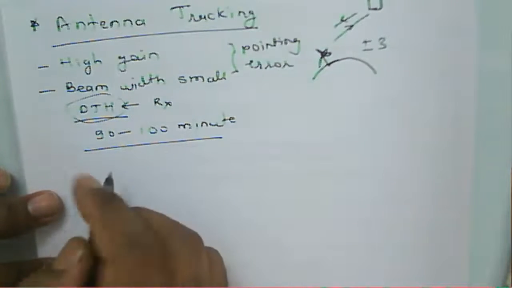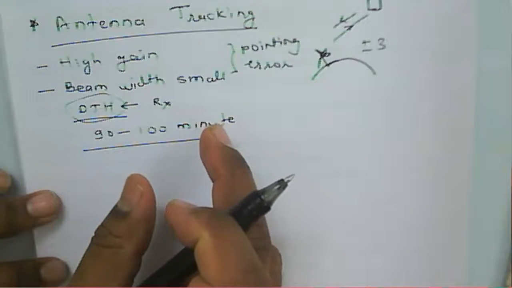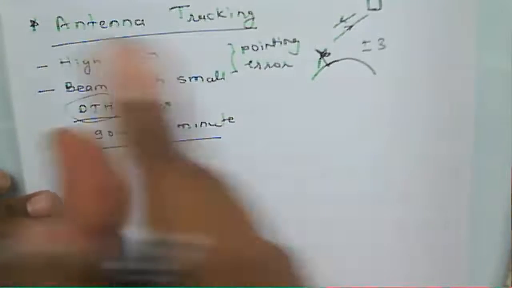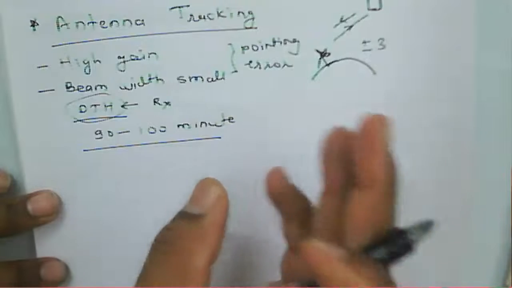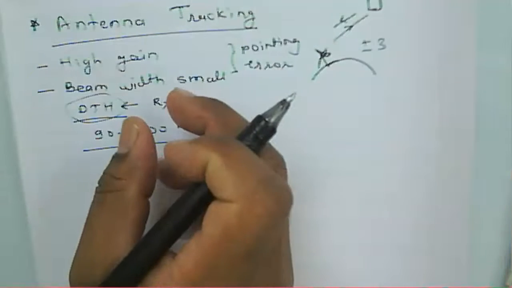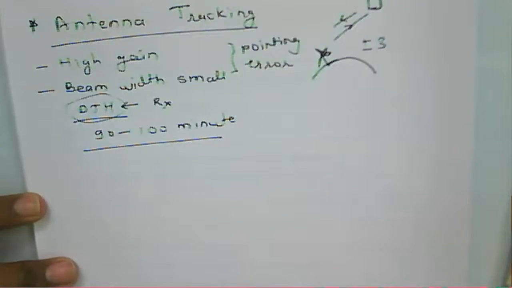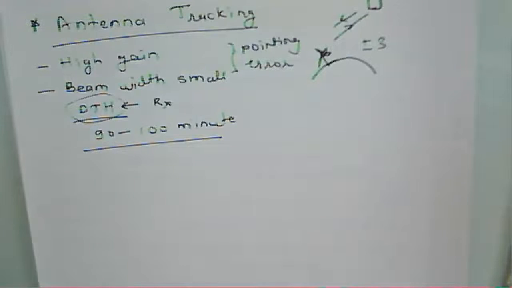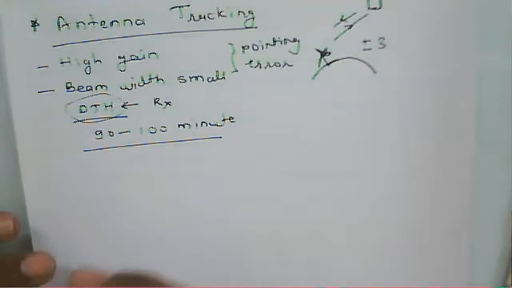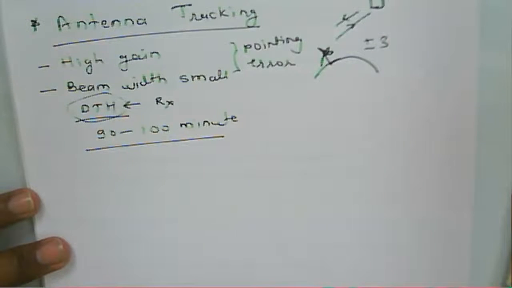Because that low Earth orbit satellite moves over a given period of time and is visible only for a short duration, if you want to receive or transmit the signal in that short duration, we need a tracking system, because we need to communicate only within that short duration.